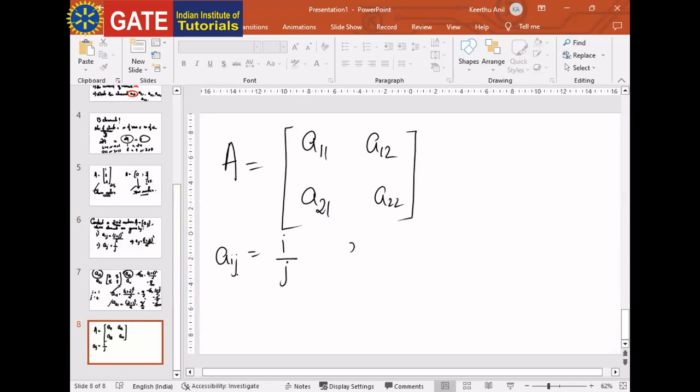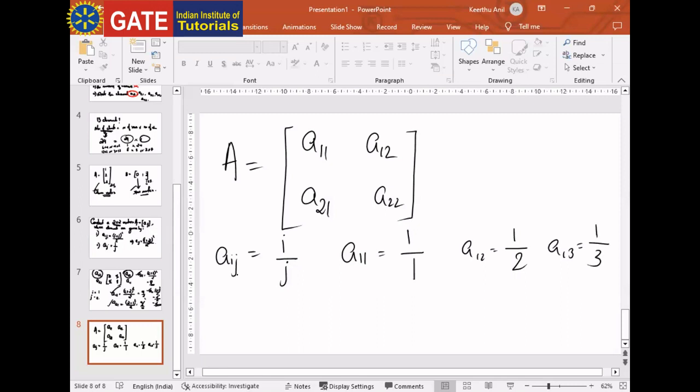Okay. Now if you go for finding A11, it should be how much? 1 divided by 1. Now A12 means i by j, right? 1 by 2. Now A13 equals how much? 1 by 3.